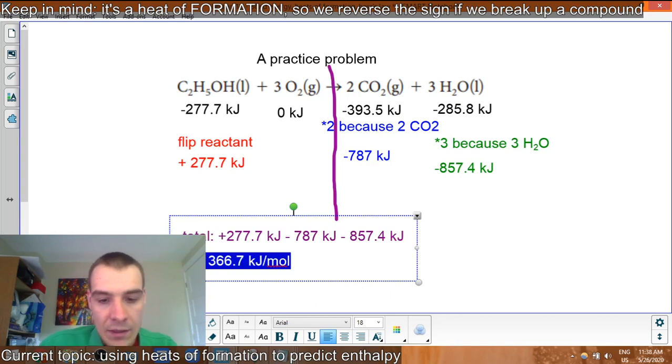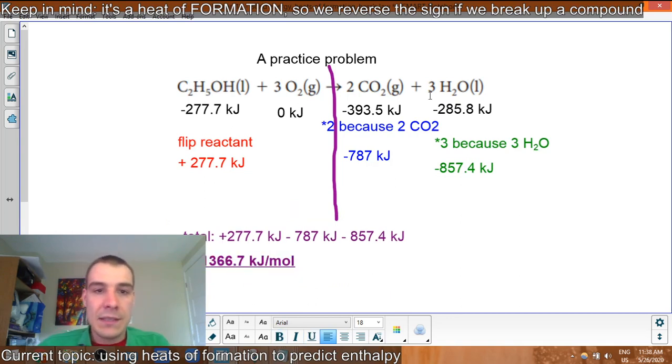And that is the solution to our heat of formation problem. That's the heat of combustion of ethanol.